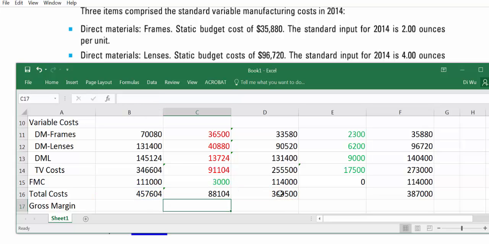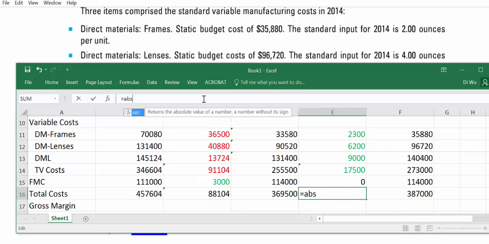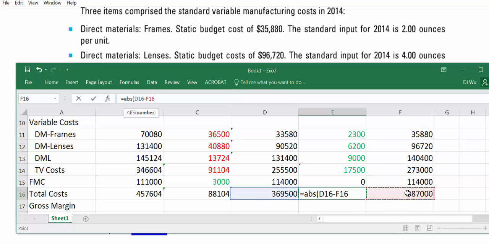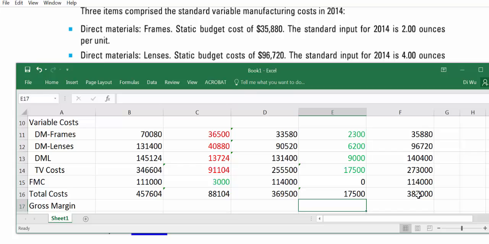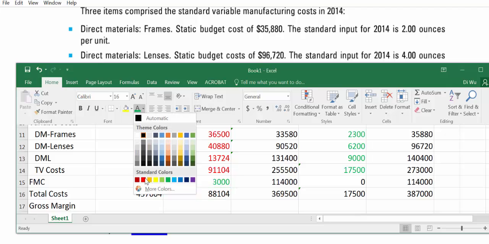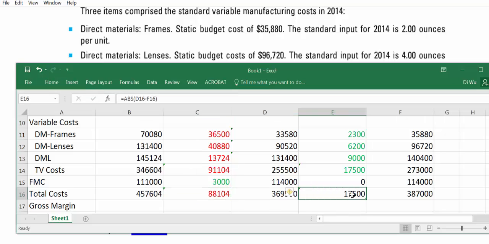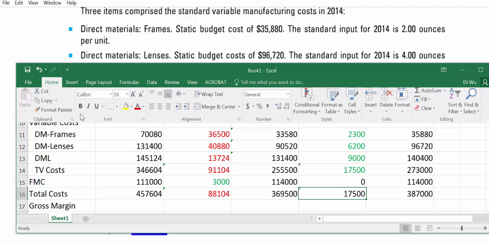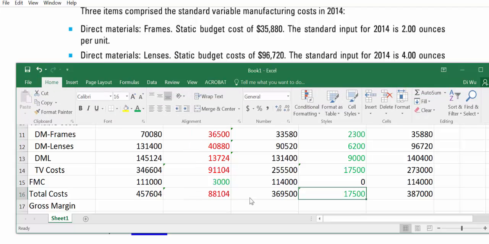We have 88,104, and for this one we have 17,500. You can see that total costs in the actual results are much larger than the flexible budget, so this one is definitely unfavorable. And here the flexible budget total costs are less than the ones in the static budget, so we're going to have green, which is favorable.